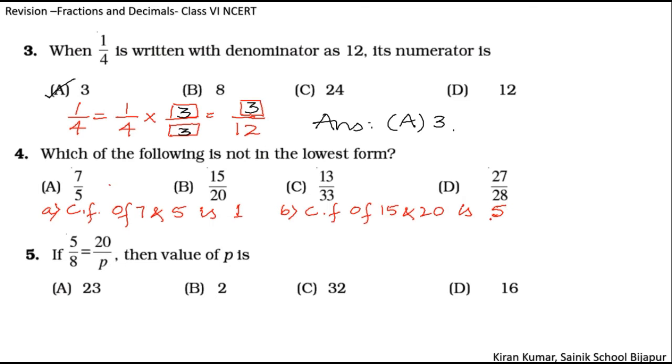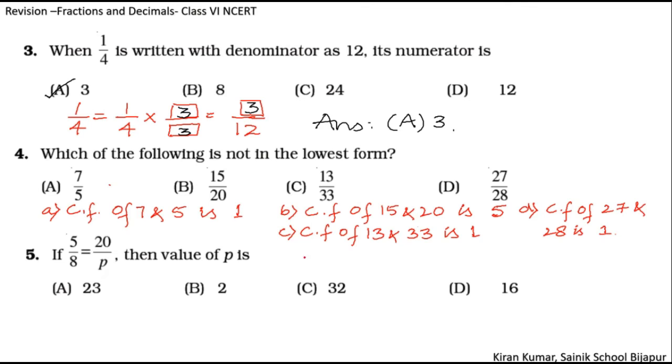Both are divisible by 5, so the common factor is 5 there. In option C, the common factor of 13 and 33 is 1. In option D, the common factor of 27 and 28 is 1.